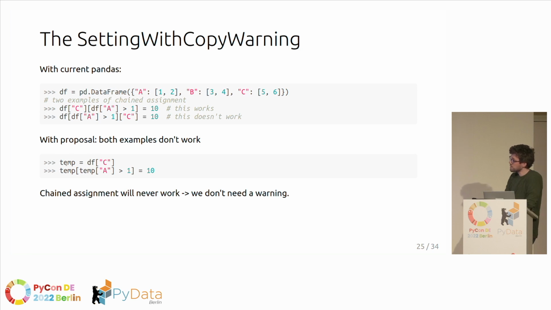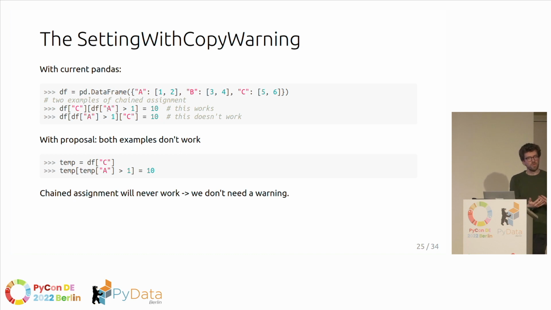This is a new object, and then we are mutating this new object. So the rule says you only change the object itself and not the other object. And that means that this chained assignment will basically never work. And so we also don't need to warn in all cases where you might or might not be trying to do chained assignment. Of course, this case currently works.